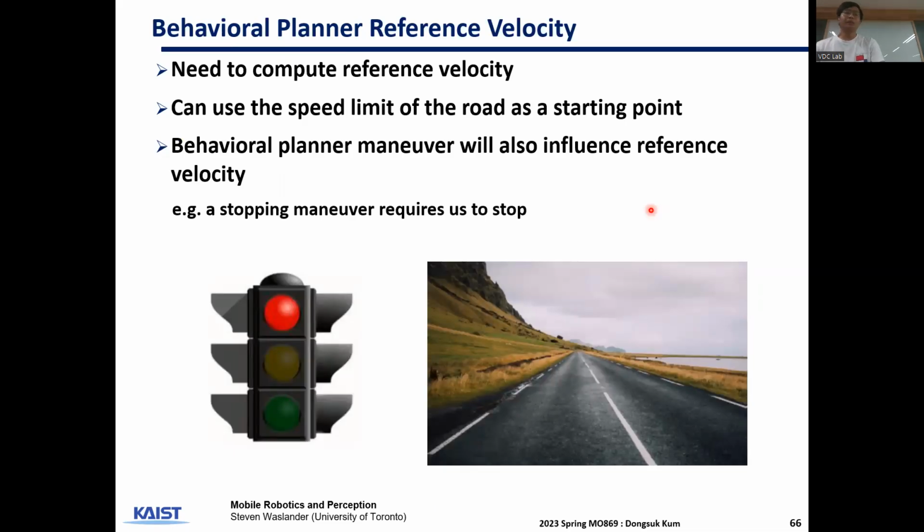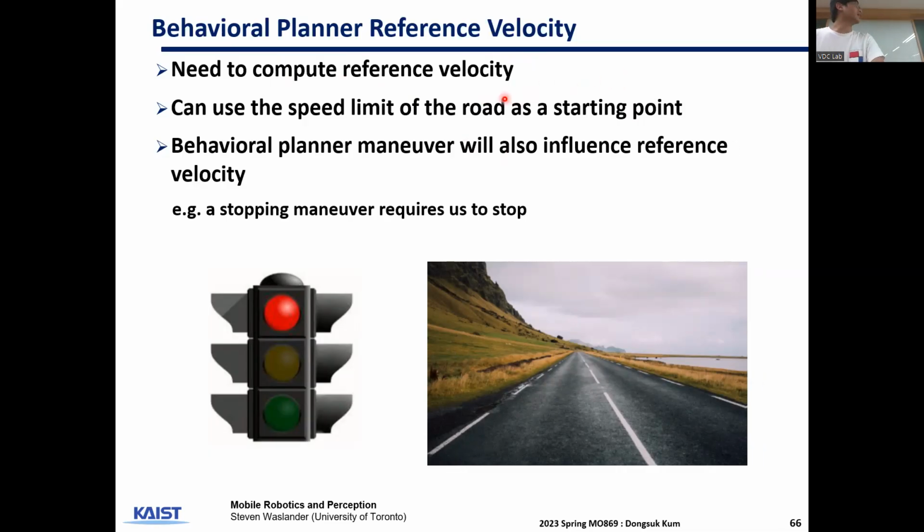For the behavior planner reference velocity, this is when you require the speed of the vehicle to track some reference speed. Usually the reference speed is the cruising speed of the vehicle. You also need to compute the reference velocity based on the situation.